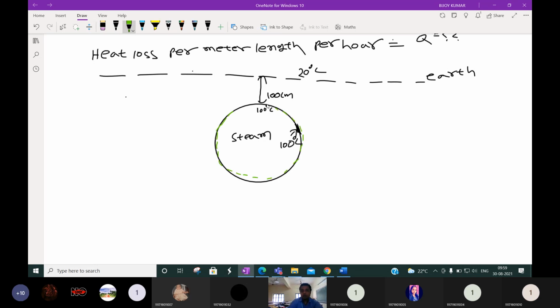It is not like only here is 100 degrees centigrade; here also, here also 100 degrees centigrade. So heat will transfer in all directions, in a cylindrical way. So we can draw that shape here.